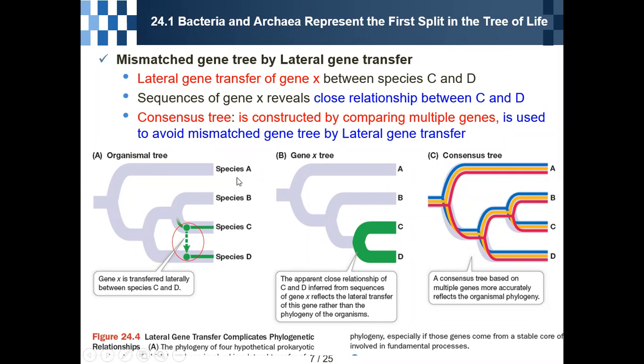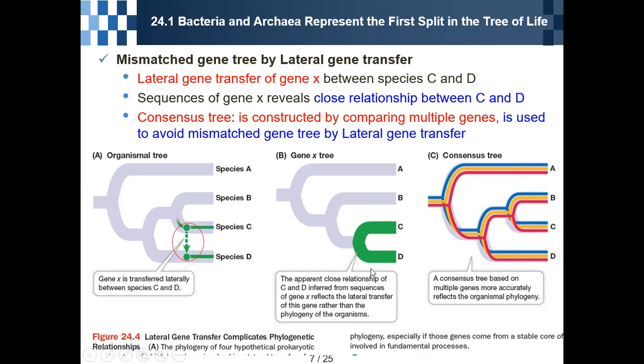People make the tree by comparing multiple genes. In this case, they compared only one gene, gene X. But for the consensus tree, they compared the blue, the orange, and the red gene, multiple genes.